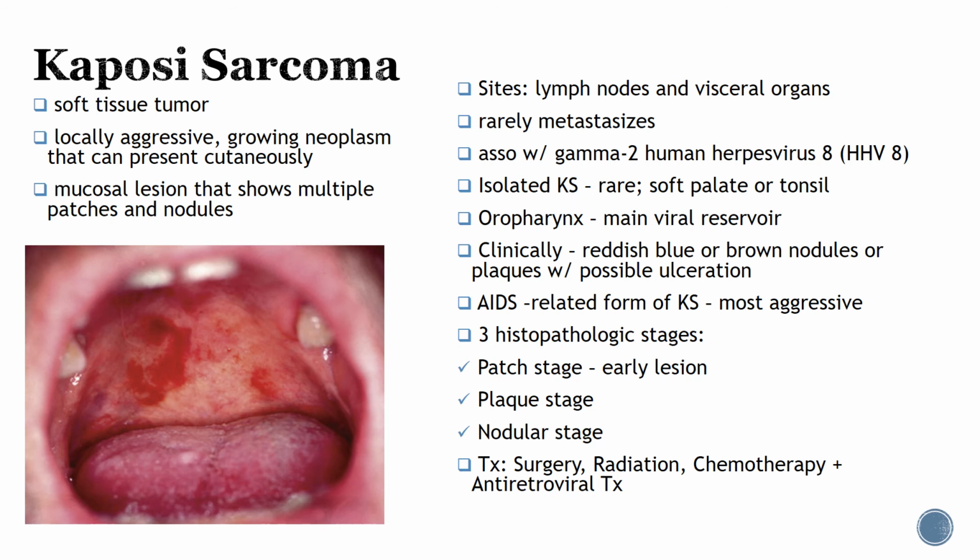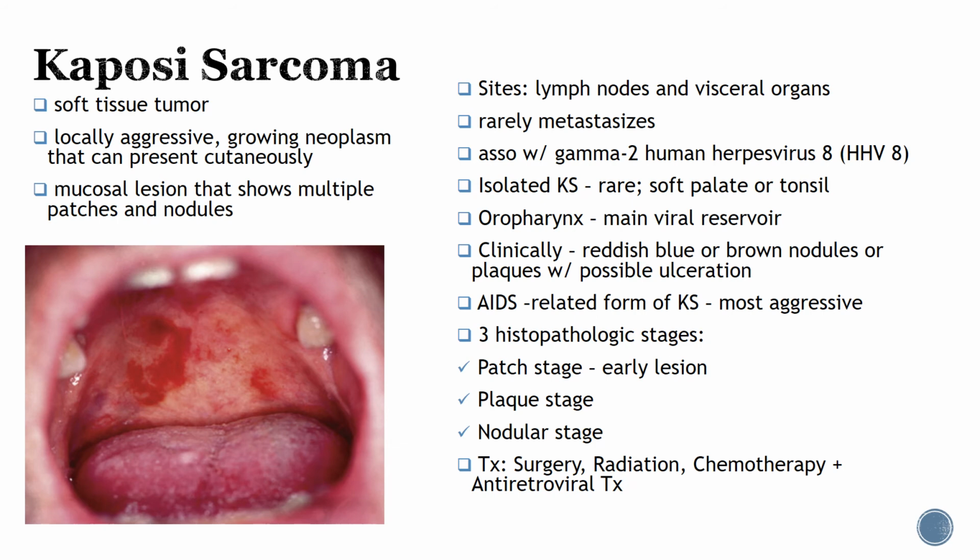There are three pathologic stages: the patch stage, which is found in early lesions, the plaque stage, and the nodular stage. The early lesions are uncharacteristic and show vascular proliferation, collagen fibers, hyaline globules, endothelial cell lining, cells with some atypia, and infiltration of inflammatory cells as they grow.